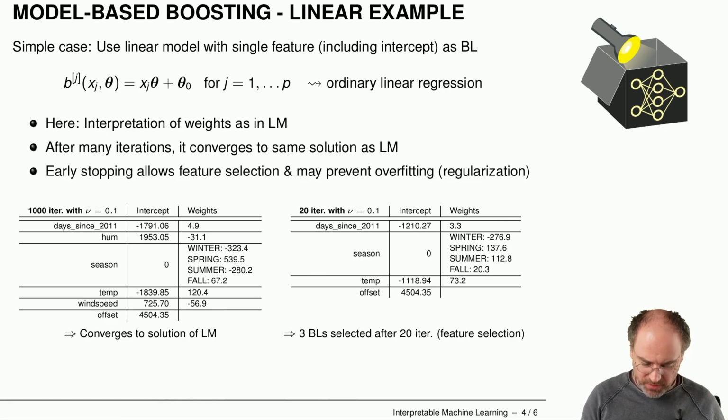When we early stop after 20 iterations, and you can obviously also do this on risk, in a smart fashion, by peeking at the risk either in bag or out of bag, you can see that some of these features have not been selected. Here we selected not the humidity and not the wind speed. So apparently these features were not useful. They were never selected in the component-wise boosting iterations to drive the risk down.